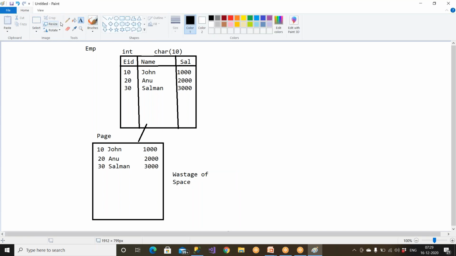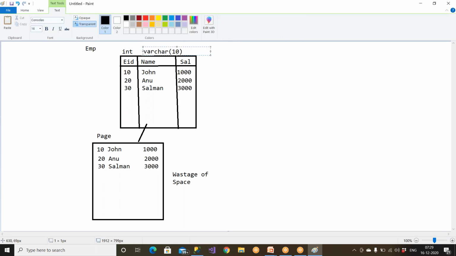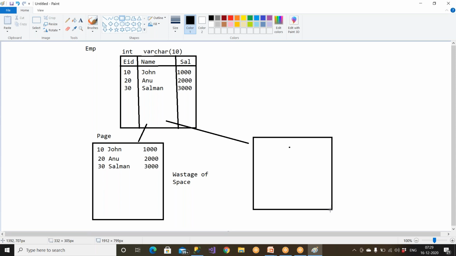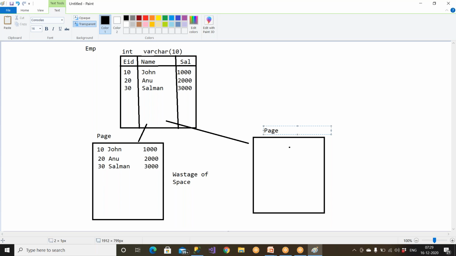To overcome this, what we normally do is make it varchar data. So when you make it varchar data, what happens? As before, you have the page, right? End of the day, the data will go to the page only. But now I'm talking about varchar data.